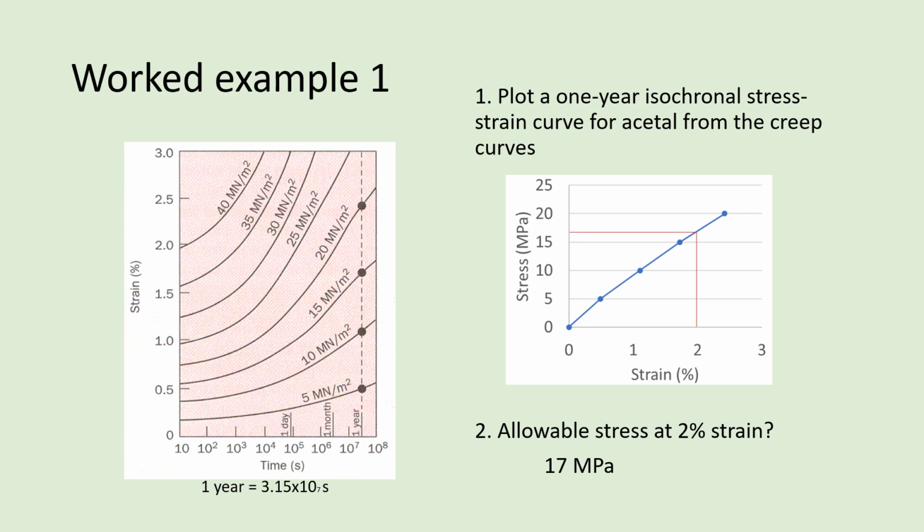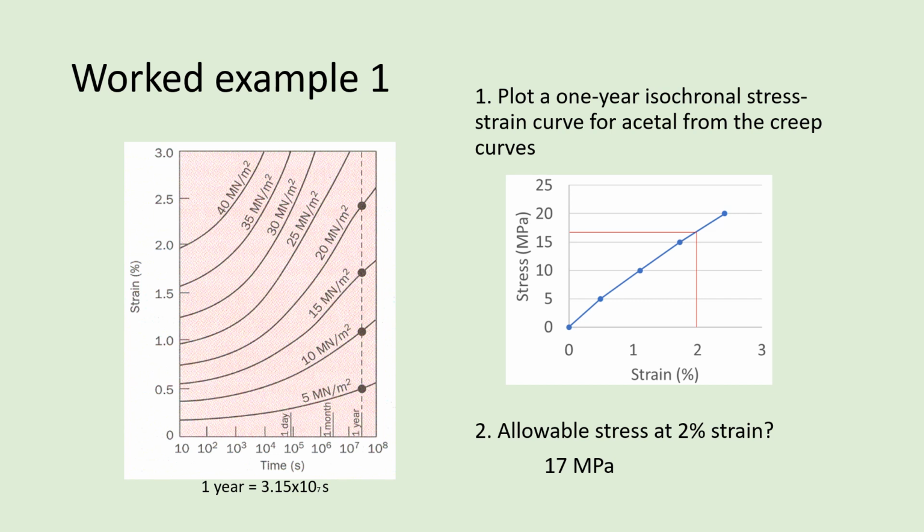So on the left, we have a graph showing the results from a series of experiments where acetyl is loaded at a constant stress for a constant amount of time. Note that relatively little deformation occurs at the beginning of the experiment, but as time progresses, the strain rate increases. As such, time is plotted on the logarithmic scale.